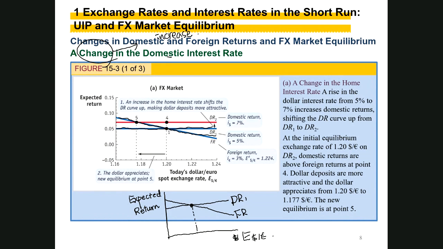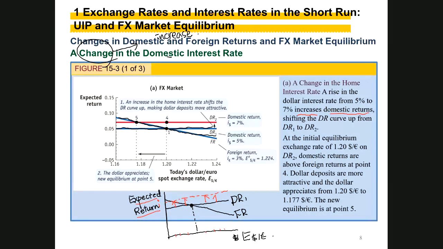Now if I have higher domestic returns, meaning a higher interest rate in a domestic bank, the domestic return should shift up. Under each level of the exchange rate, the expected return domestically increases by the same magnitude.